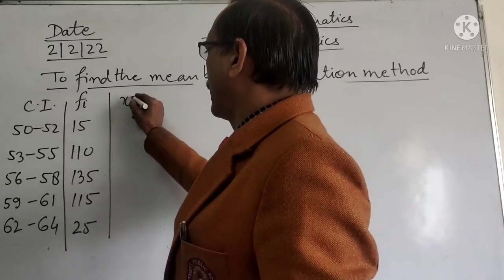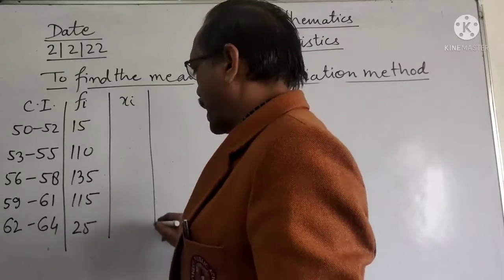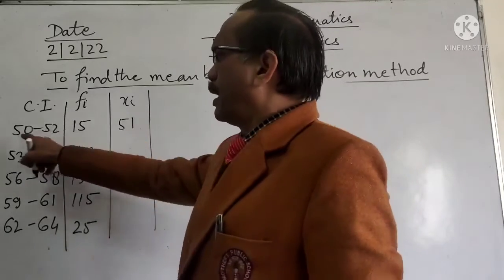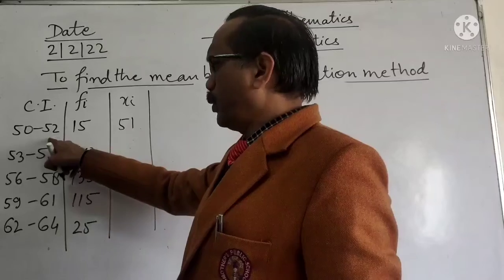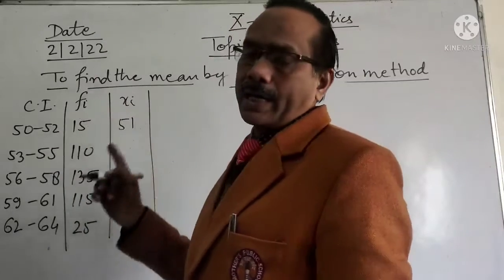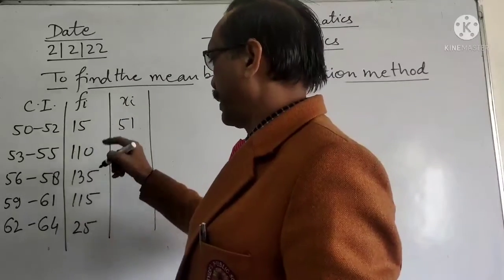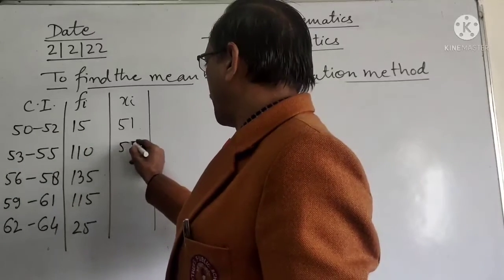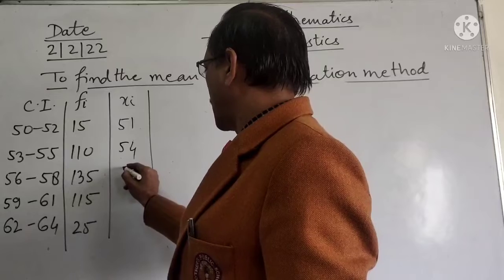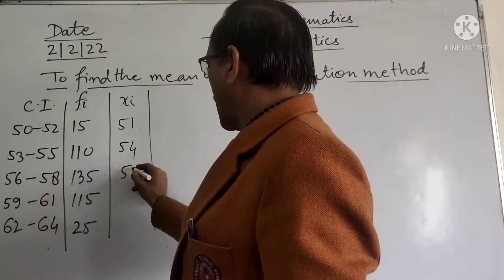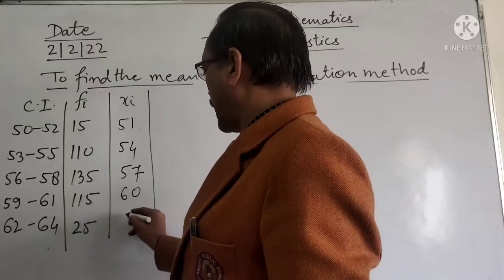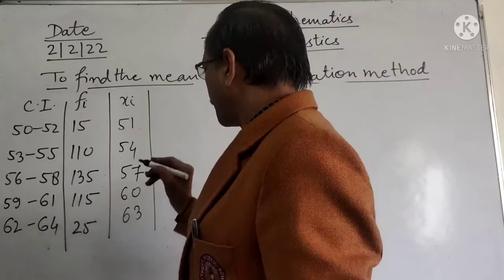Here xi is called the class mark or mid value. It is 51, since 50 plus 52 is 102 and half of that is 51. There is a difference of 3, so it is 54, 57, 60 and then 63.